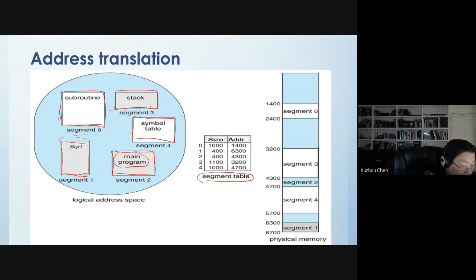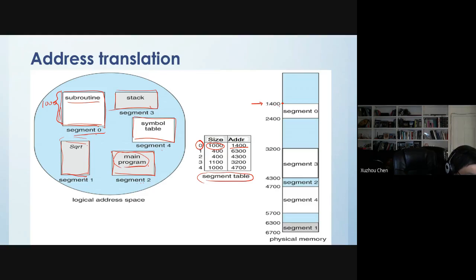For segment 0, which is the subroutine, the size of the subroutine is 1000. That's the size. The address is 1400. So that means segment 0 is located at memory address 1400.